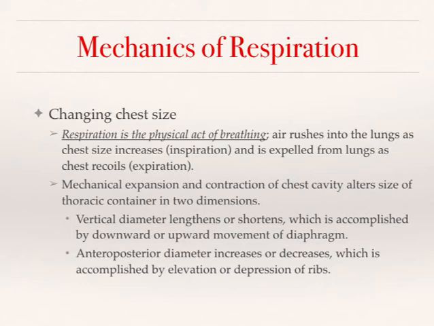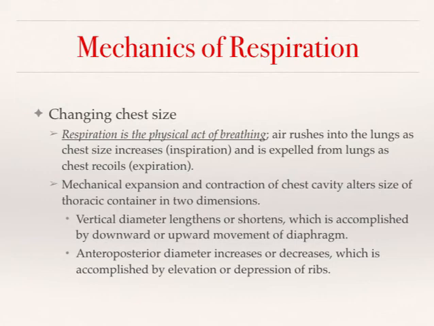The mechanical expansion and contraction of the chest cavity is what's altering your thoracic container, your thoracic chest essentially, in two dimensions. It's going to increase the AP diameter, and then it's going to increase going sideways. The vertical diameter is going to lengthen and shorten by downward and upward movement of the diaphragm.